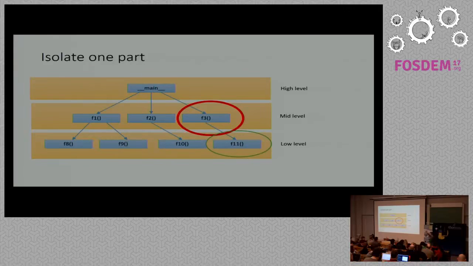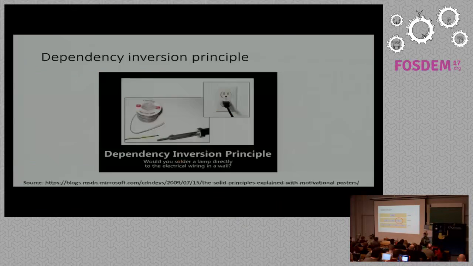So actually we want to find a way to reuse f3, the red one, and maybe put something else underneath. So you want to be able to pull the logic of f3 out of this application and put it in a completely different context. And that's what the dependency inversion principle tries to solve.